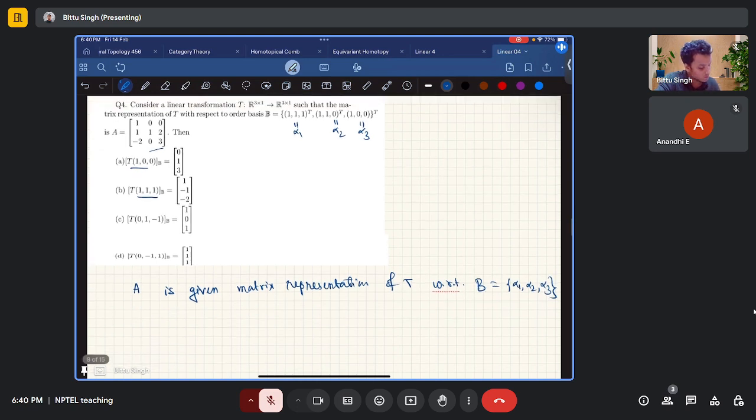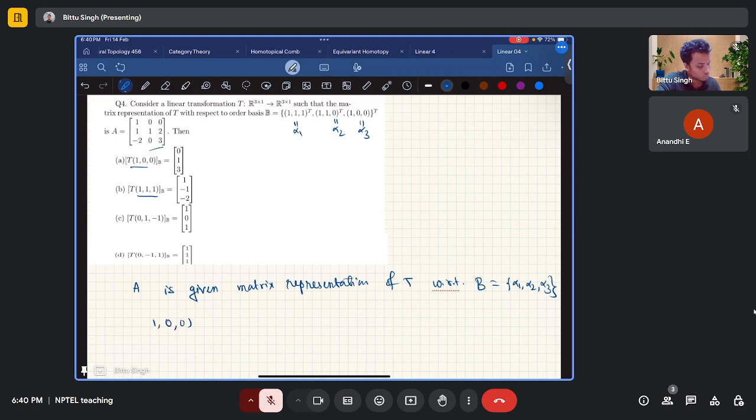So clearly we can see 1 0 0, actually there should be transpose, because of our notation there should be transpose. So 1 0 0 transpose, we can see this is same as alpha 3, right? So this is actually alpha 3.